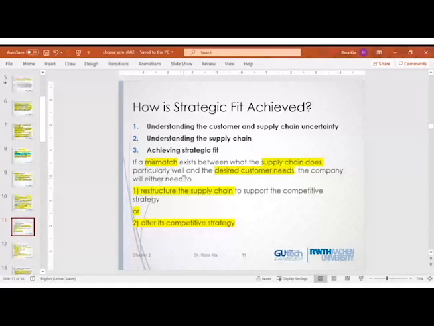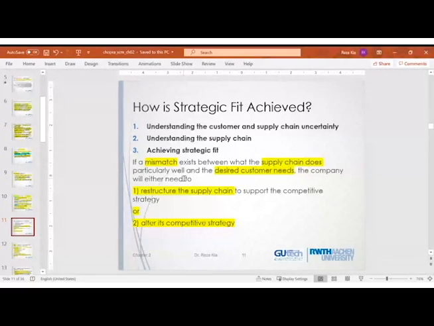So if we have understood the implied supply chain uncertainty, and also the capacity inside our supply chain, in the last stage, which is stage 3, we can make a fit between customer priority and our capability.